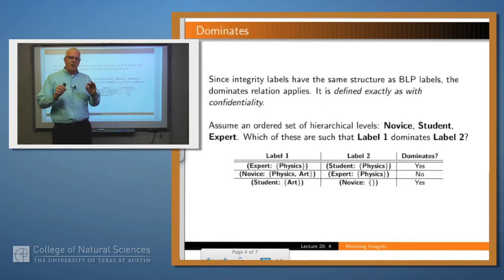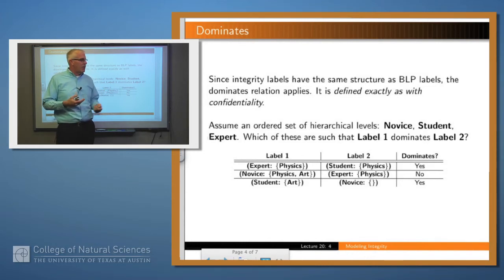Since we have integrity labels which have the same structure as our confidentiality labels, we should be able to apply the dominates relation between two integrity labels.